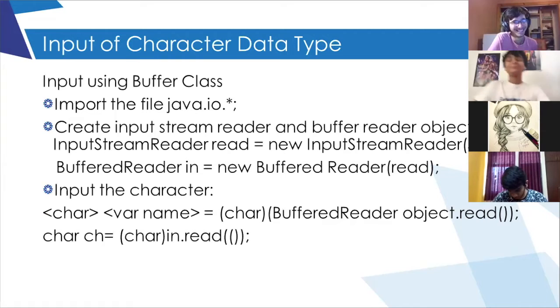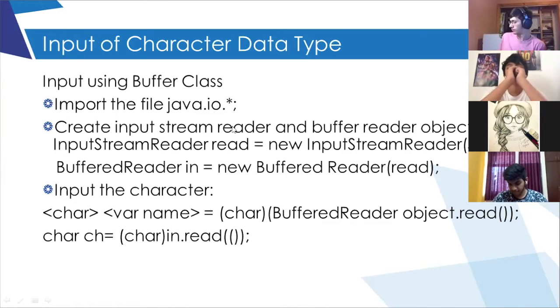So for using the Buffered Reader class, we need to import the java.io.* package, and create an InputStreamReader object and a BufferedReader object. Two objects you need to create in this. InputStreamReader is the keyword.